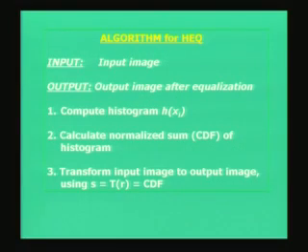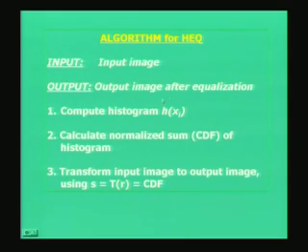We will look at the algorithm steps for histogram equalization first, which will help you get an overall view using this formula, and then we will look at examples. One example is a classroom exercise to see how the calculations can be performed, and then we will see examples on images. So, the algorithm for histogram equalization: the input image is given, and the output is the input image after equalization.